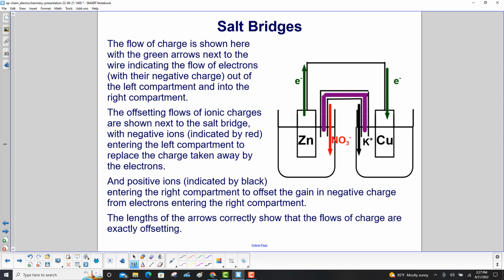The flow of charge is shown here, with the green arrows next to the wire indicating the flow of electrons with their negative charge out of the left compartment and into the right.